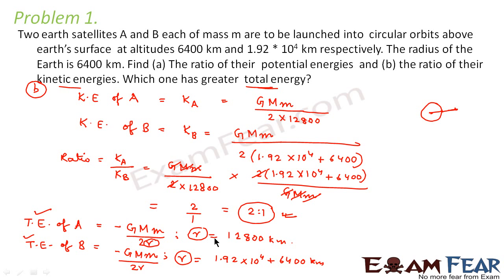So R is more in which case? The value of R is more for A. That means the total energy for A would be less. Therefore, which has greater energy? Total energy of B is greater than A.